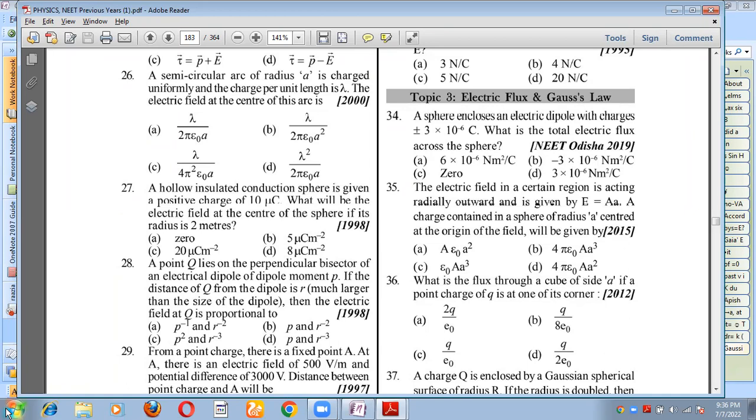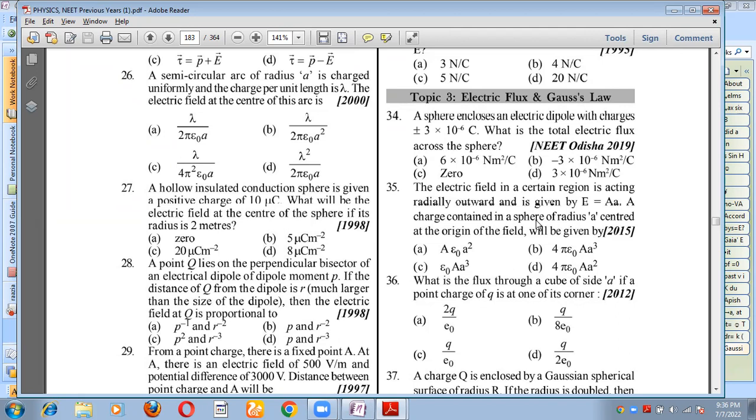So the value of electric field is given and we have to find charge, correct? And we also have a spherical region.